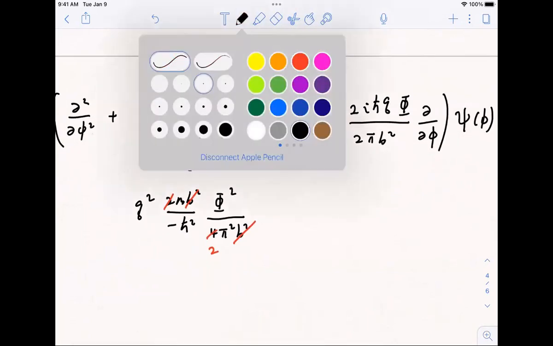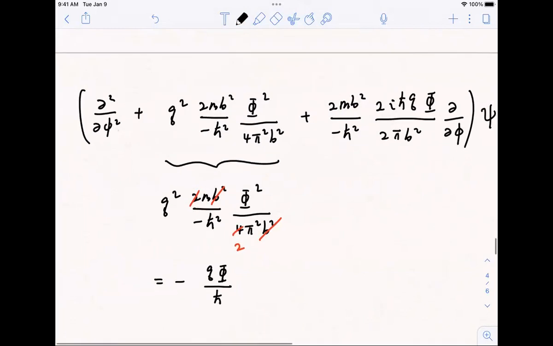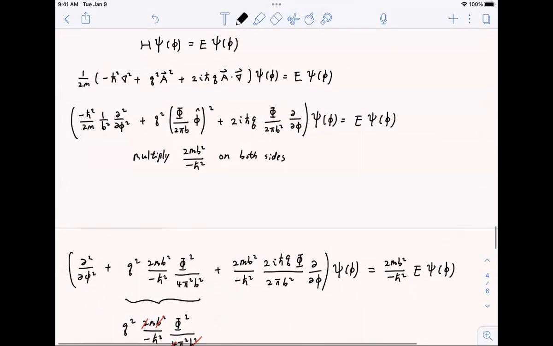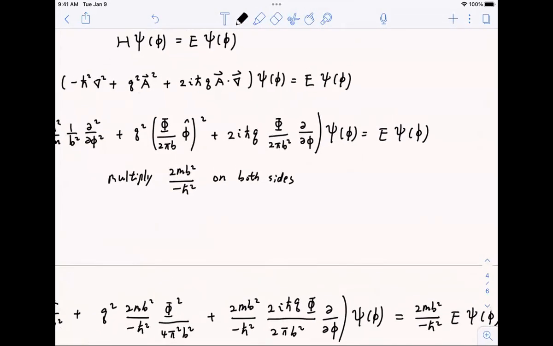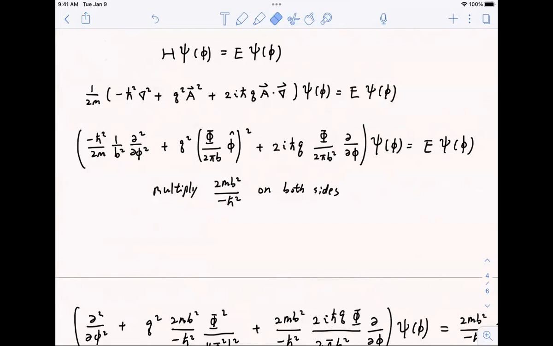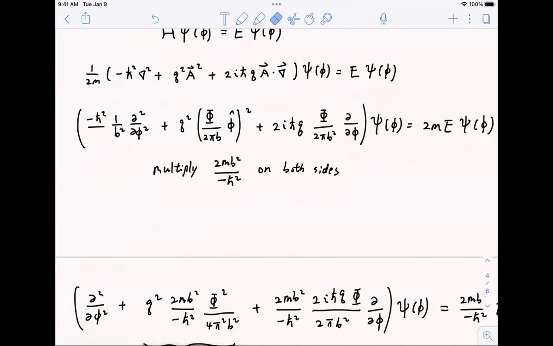So eventually you get something equal to negative Q and then H. Yeah, I think this mass, I made a mistake. This mass is everywhere. I forgot to multiply it. Sorry. Let me put the mass here. 2m here.